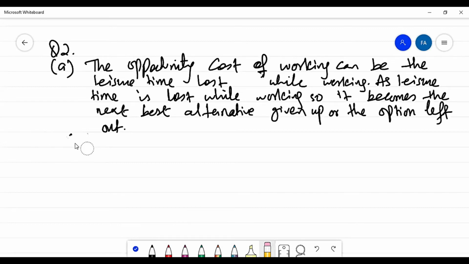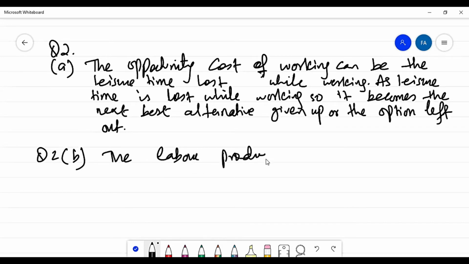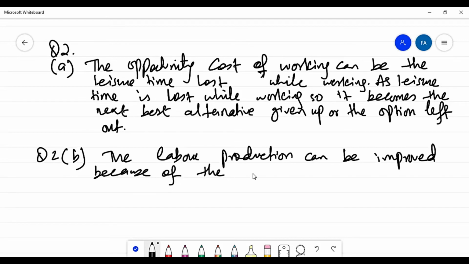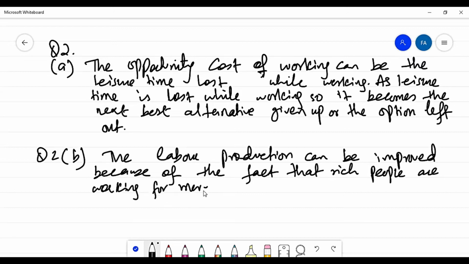We have to leave one line. The labor production, or we can call it the production of labor, can be improved because of the fact that rich people are working for more number of hours on average than poor people.